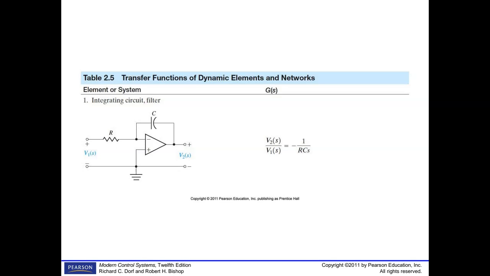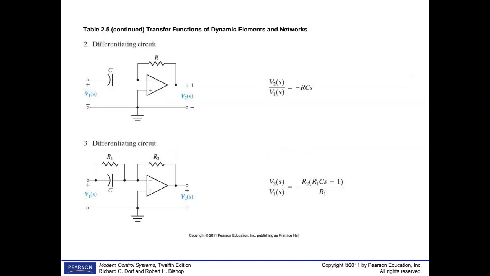You multiply with s, and that one is also differentiation. So you get the derivative of it. This one is differentiation in another circuit. That one here is integrating, since s is in the denominator. So these are the models.